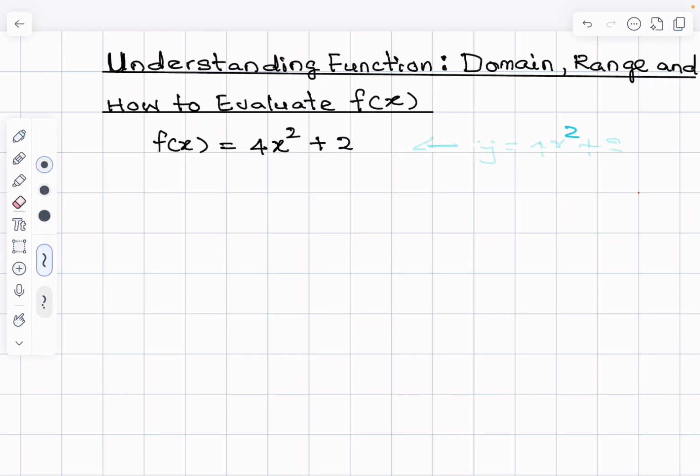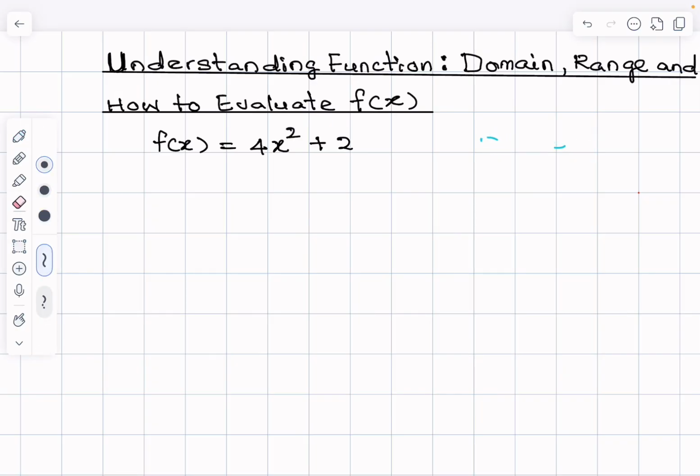It's just function notation. That means the function takes an input x, does some calculations and gives us an output which we call f of x or y. So every time we plug in a value for x, we get a value for f of x or y, which we can plot on a graph as a point x and y.